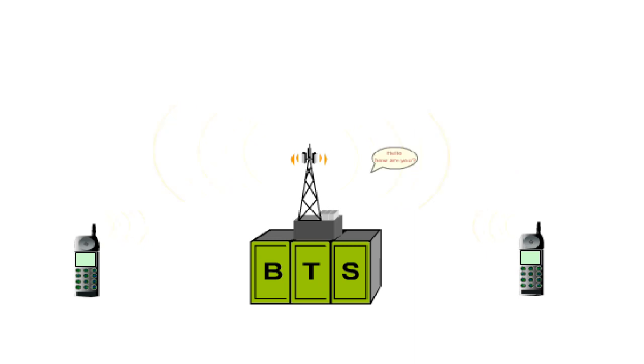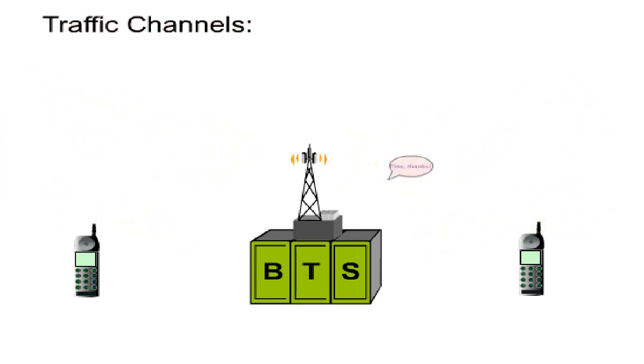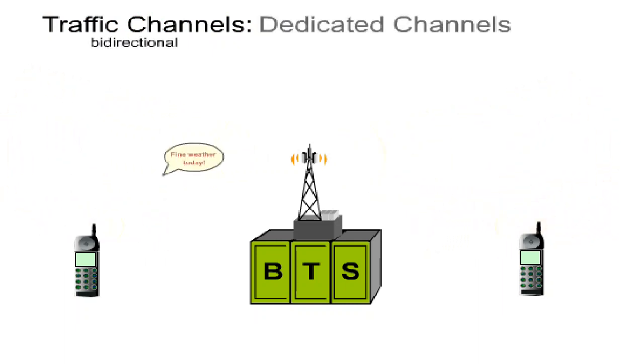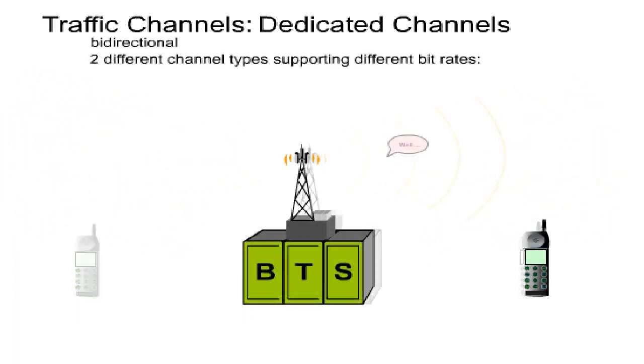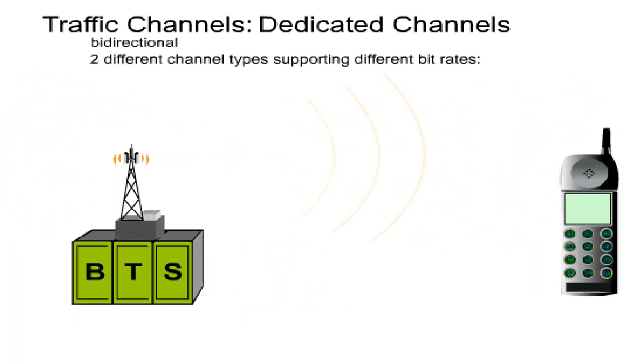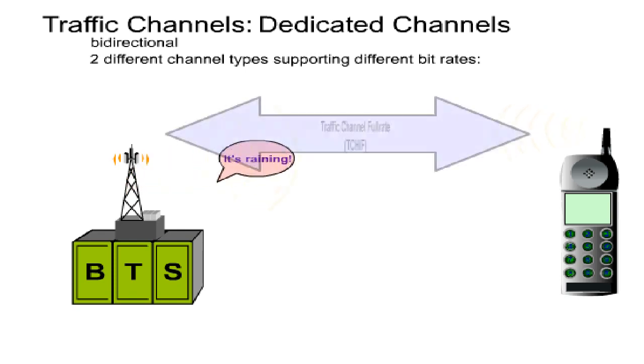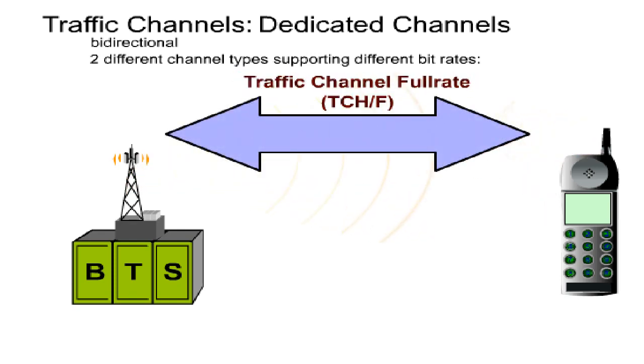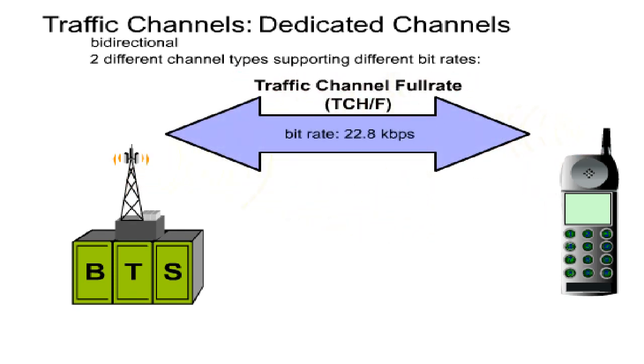User speech and data are transmitted over the traffic channels we've already spoken about. Traffic channels are bidirectional and also belong to the group of dedicated channels. There are two different channel types supporting different gross bit rates. The traffic channel full rate, TCHF, has a gross bit rate of 22.8 kilobits per second.